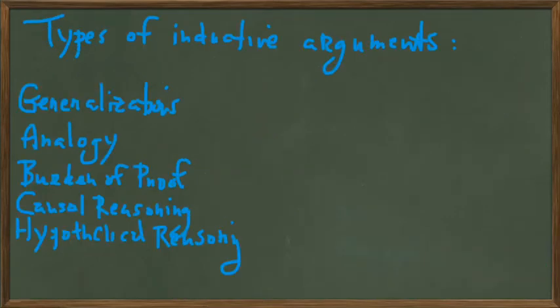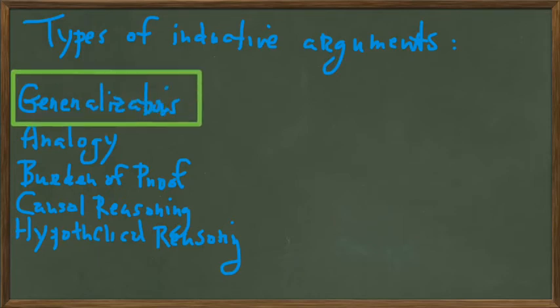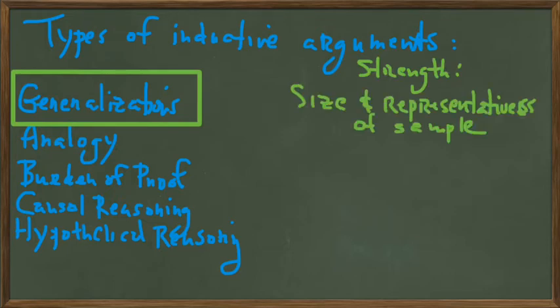There are actually several types of inductive arguments, and so far we have only looked at one type, the generalization. The strength of the generalization is dependent on the size and representativeness of the sample.